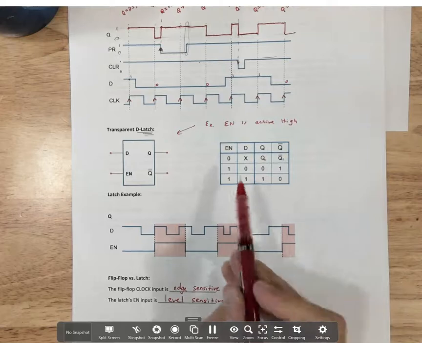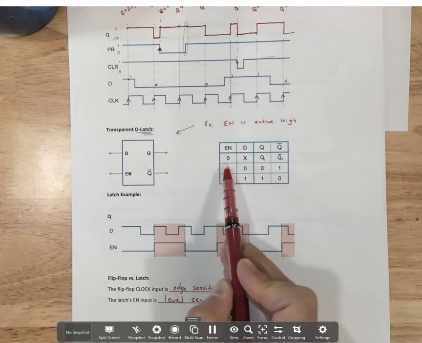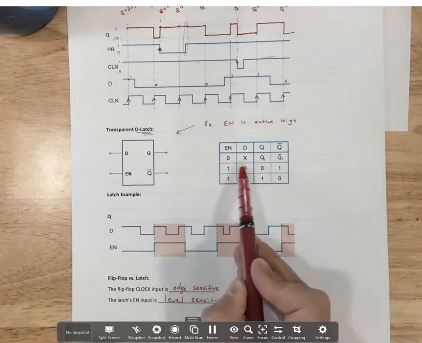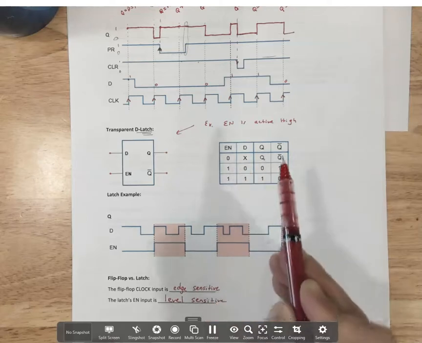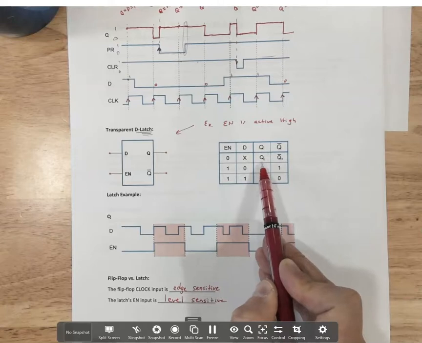So the enable is kind of turned off, then if it's not enabled, what D is doesn't matter. Q is going to stay Q. So they've got the Q sub O, like the original Q.